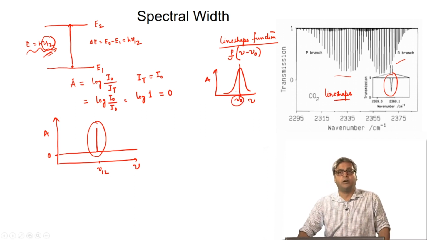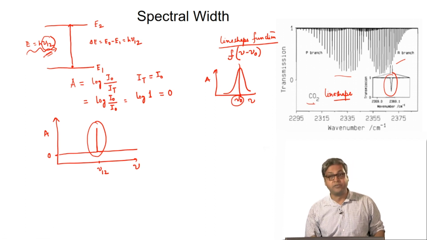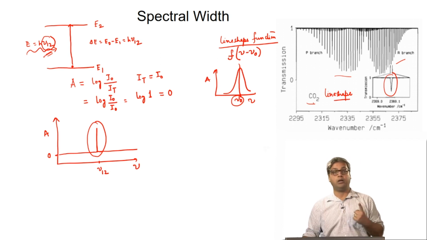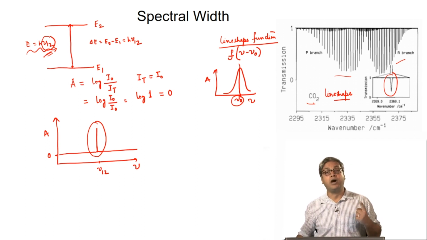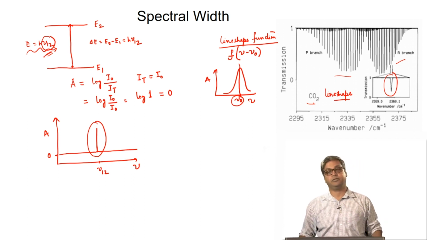So, the observation of the width and line shape from the carbon dioxide spectrum immediately raises two questions. One, what are the possible functional forms of these shapes? And number two, what physical processes are responsible for these shapes?